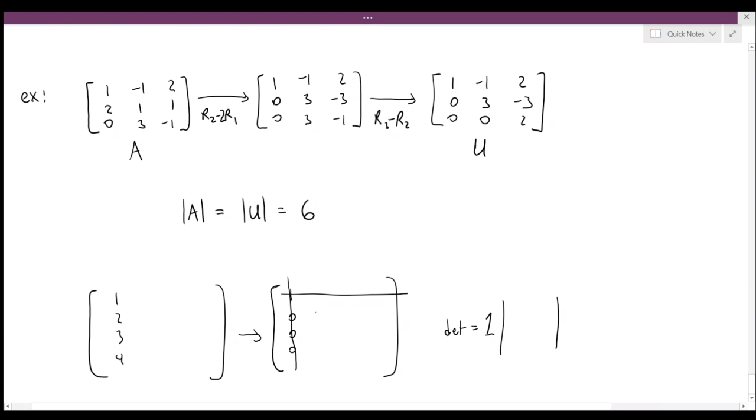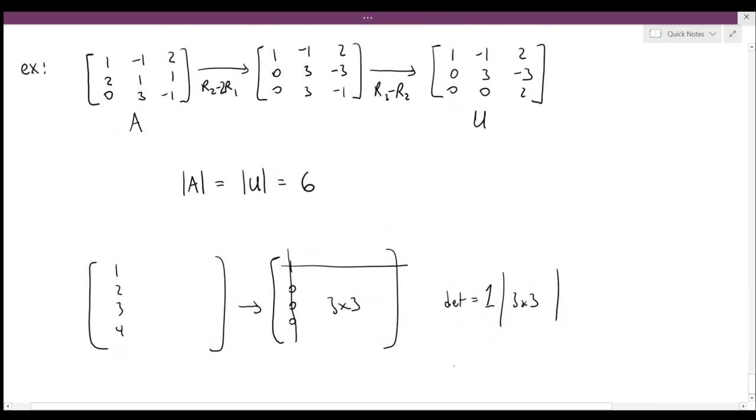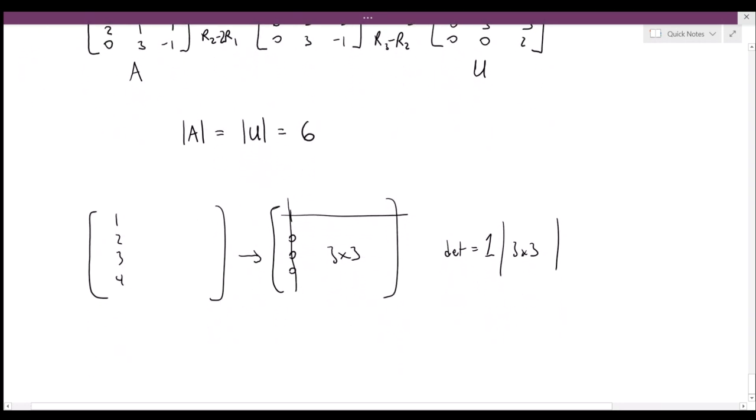Then every term would be 0 except the first one, where you have 1 times this remaining 3 by 3. So you don't have to reduce all the way to triangular form. If you just get a bunch of zeros in a row or a column, you can then start by doing the expansion along that row or column. But altogether, the idea is to get some more zeros by performing row operations, and that will make your determinant easier to compute.